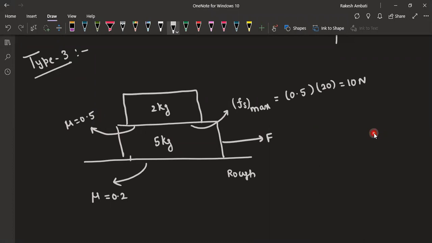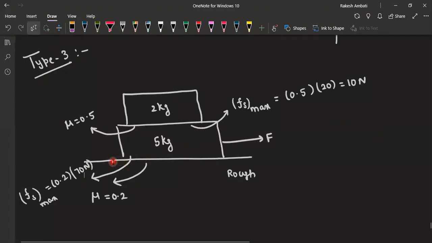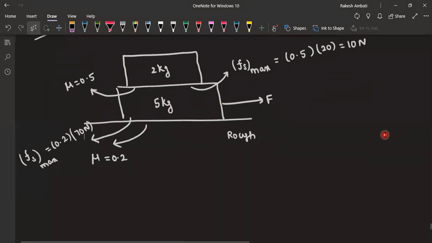In the same way, between the 5 kg block and the ground, how to find Fs maximum? 0.2 into 70. Why? Because on this rough surface, both weights are acting. Therefore, Fs maximum equal to 0.2 into 70, which means Fs maximum equal to 14 newtons.